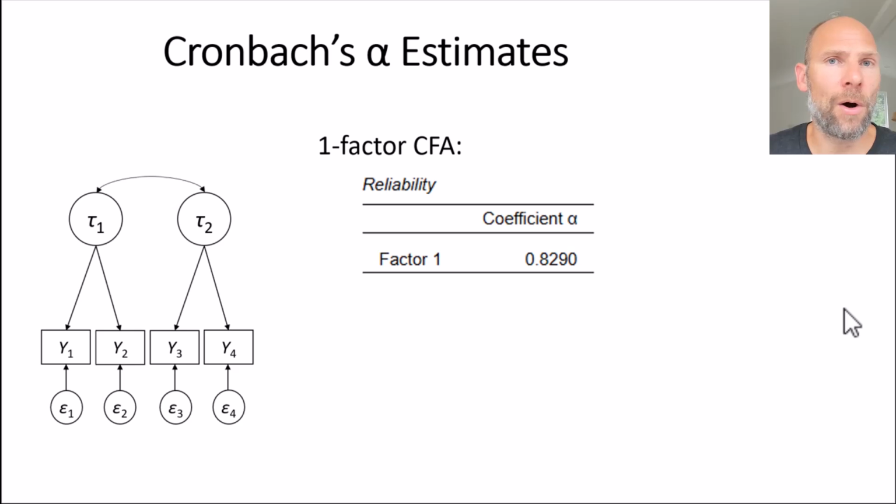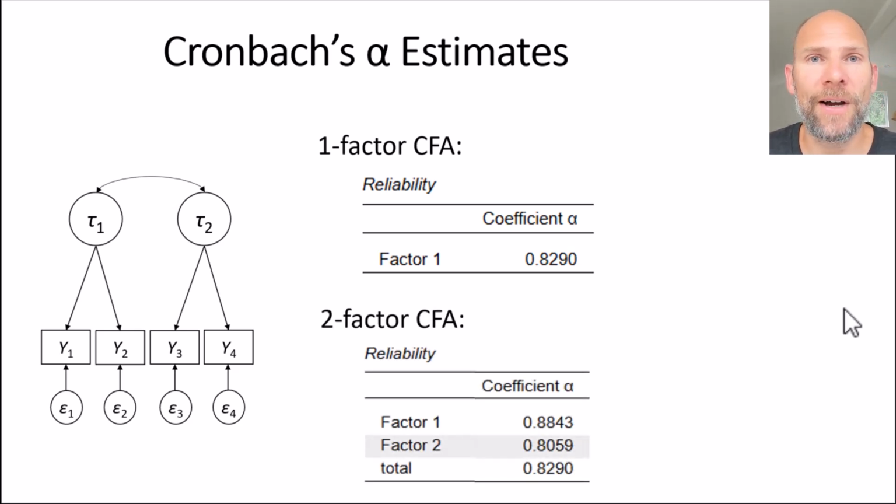And you might think, oh, great, so this indicates there's a great unidimensional scale. However, we saw previously that a two-factor model really is needed to explain these data properly. And so for a two-factor CFA, we can also calculate Cronbach's alpha, but this time for each factor separately. Now factor 1 has an alpha of 0.88, factor 2 has an alpha of about 0.81. Also quite good, respectively.